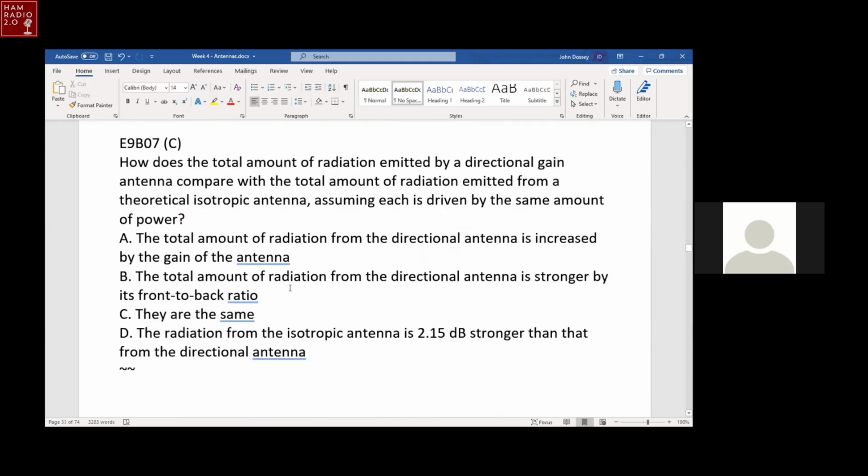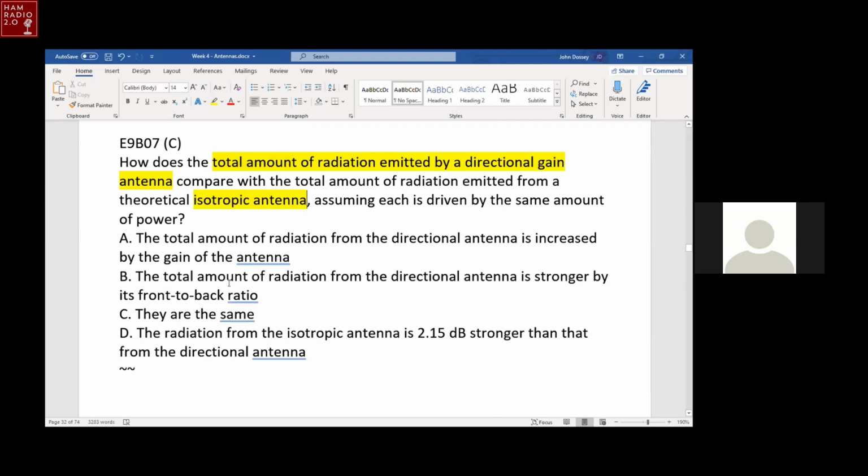So there's a question about that. How does the total amount of radiation emitted by a directional gain antenna compare to the total amount of radiation emitted from a theoretical isotropic antenna, assuming each is driven by the same amount of power?